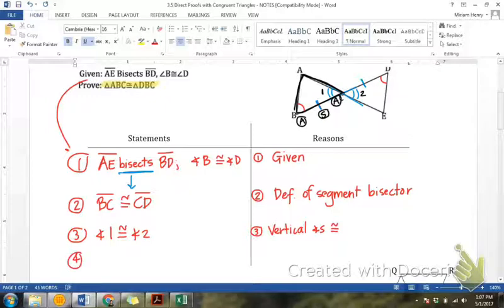Number 4 is going to just be whatever the proof statement is. Triangle ABC is congruent to triangle DBC. So I'm just rewriting down the proof statement. Should that be what?